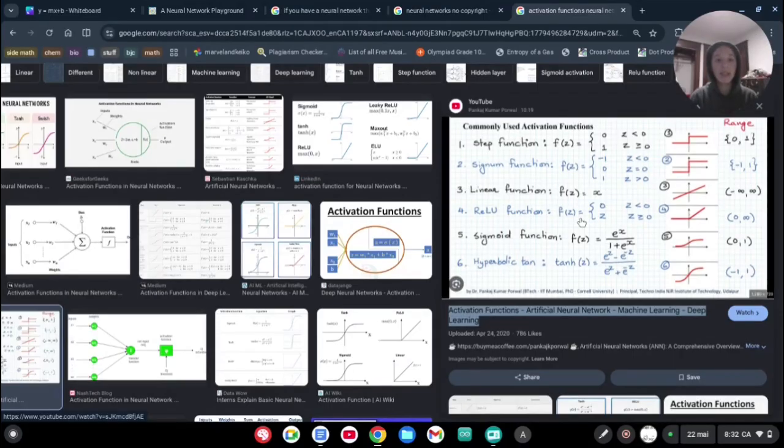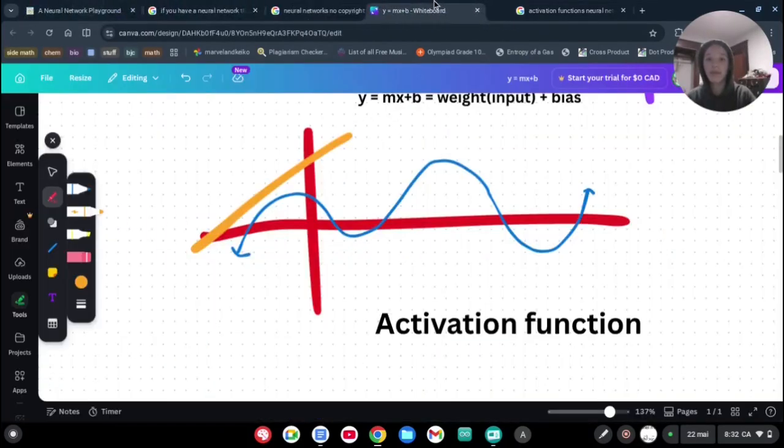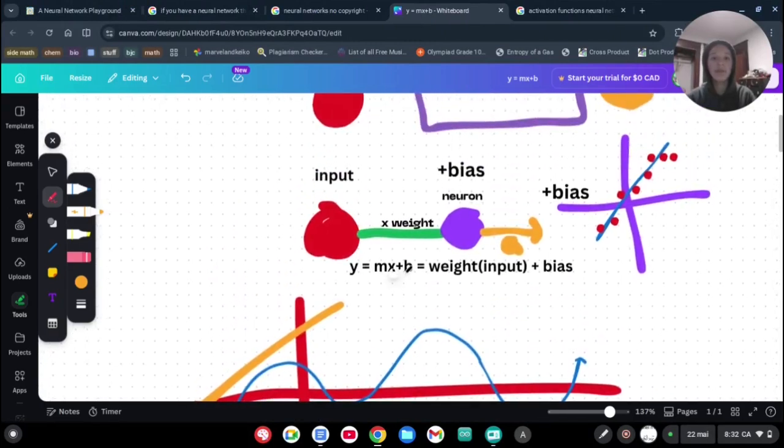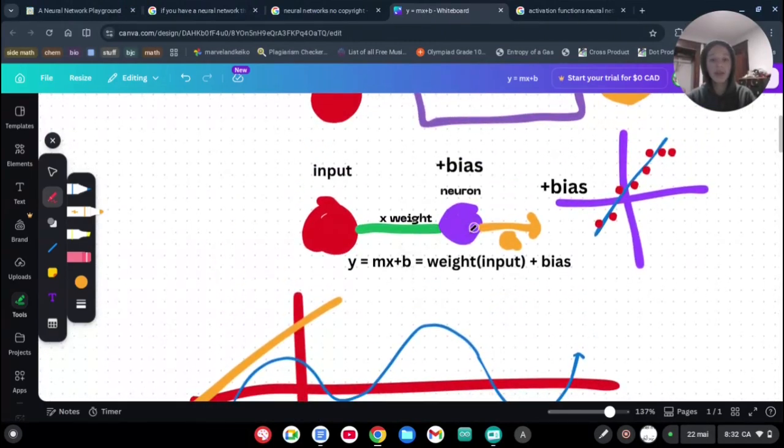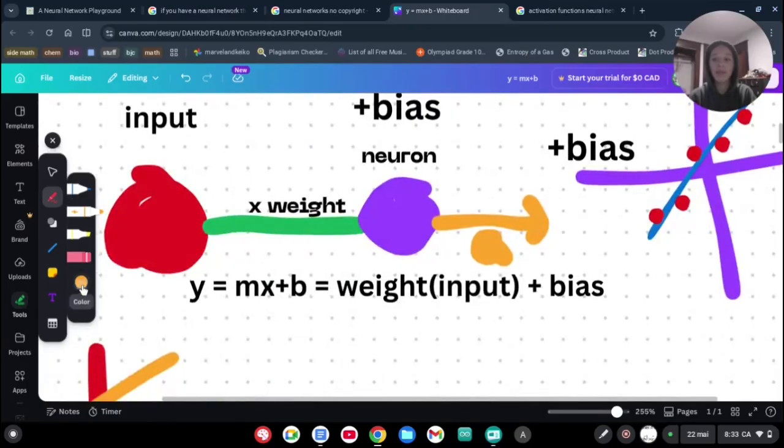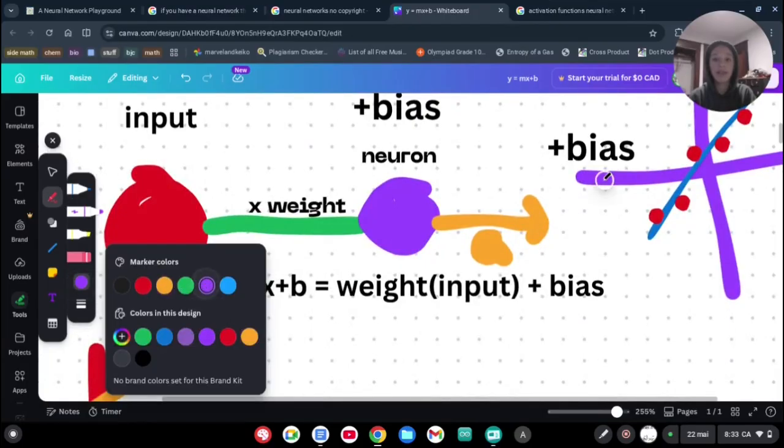So basically, if this neuron has a negative value, maybe I multiplied my input by a negative weight, maybe my bias was negative, maybe my input was negative, who knows, but for some reason this is negative. Once I apply ReLU to it, if it is negative, it will just become 0.